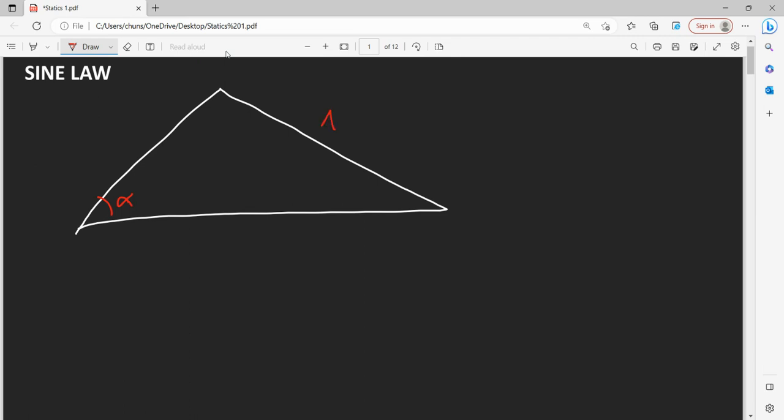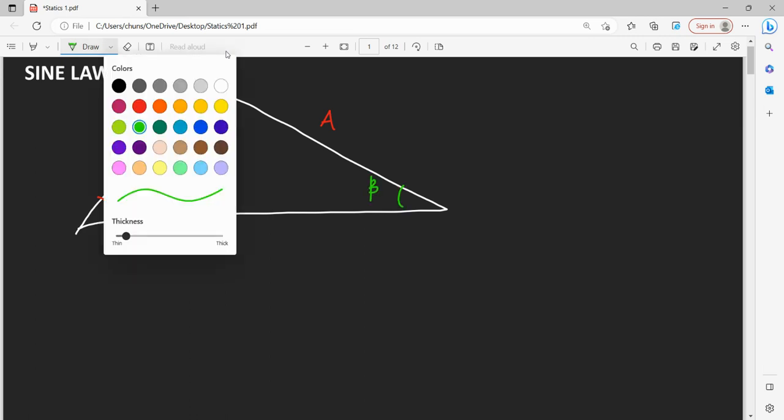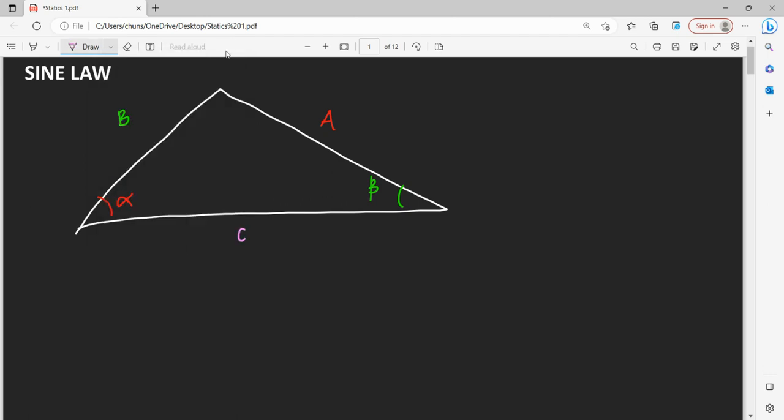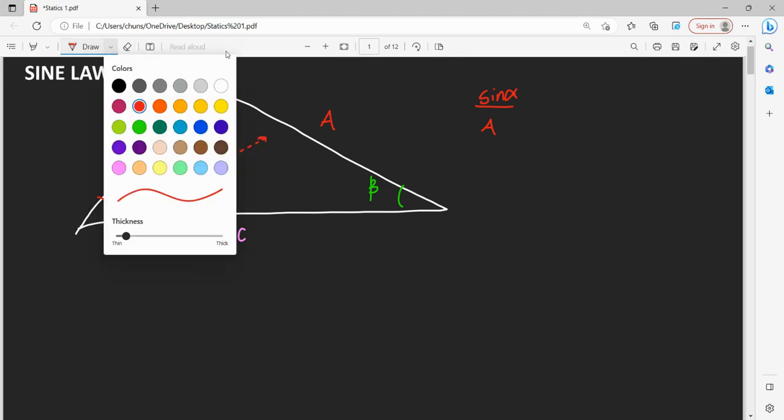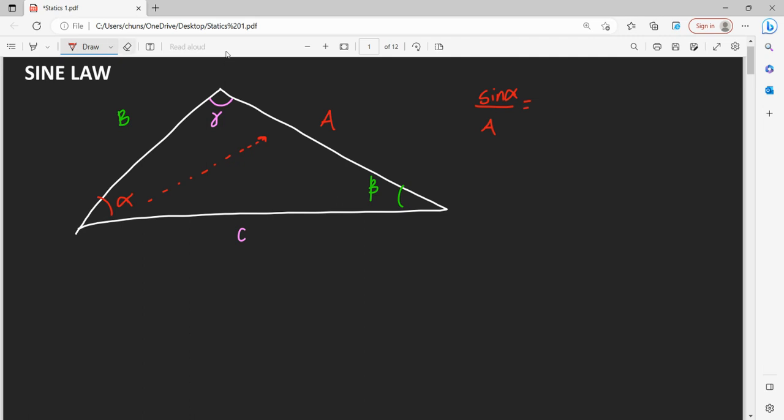So I'm going to label angles. You'll see why I've color-coded this in just a second. So sine law states that if you have sine of your angle over the length that is directly opposite of that angle, the ratio is equal to each sequential one.